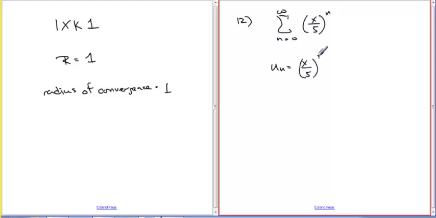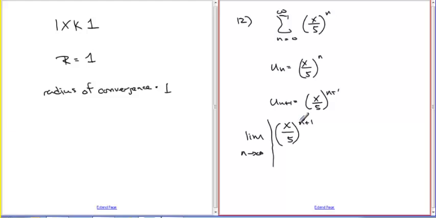And u sub n plus 1 is x over 5 to the n plus 1 power. So we take the limit as n goes to infinity of the absolute value of the ratio of these two, u sub n plus 1 over u sub n. And you see what happens is we're just left with x over 5.